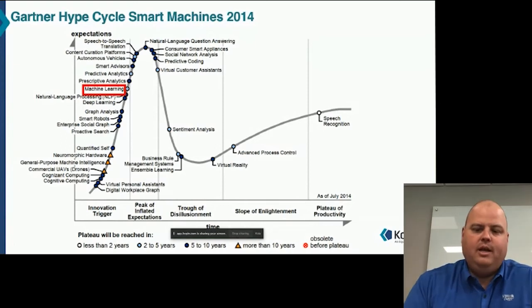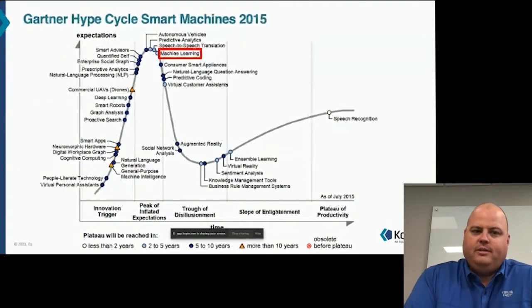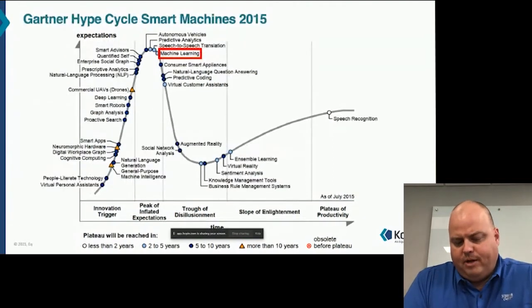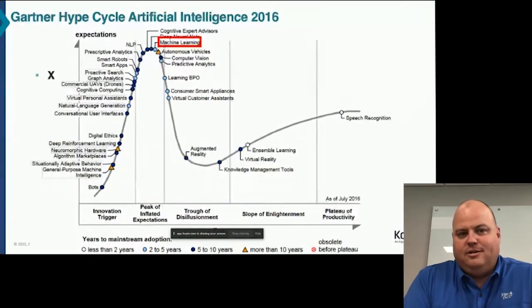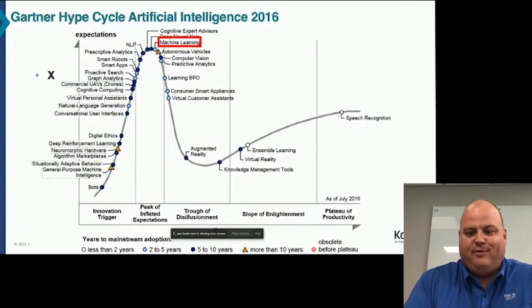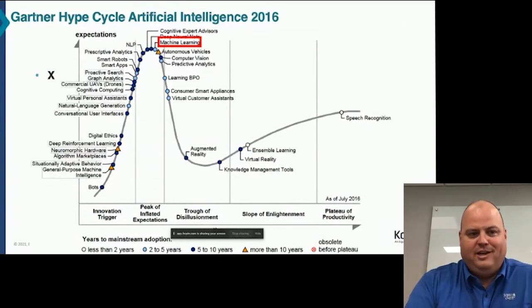People that are really getting work done tend to be working in the trough of disillusionment and up the slope of enlightenment. So in 2014, machine learning had not hit peak hype. I think we can all agree with that. And by 2015, the hype around machine learning had peaked. No, actually, in retrospect, that doesn't make any sense. Gartner thought that it had, but then in 2016, it turned out that there was actually still some space left for the machine learning hype. It's moving back up to the peak of inflated expectations.